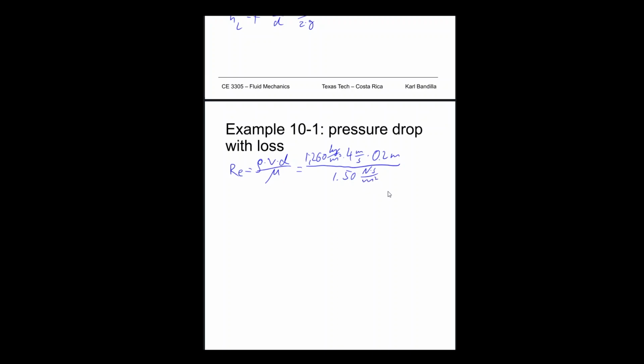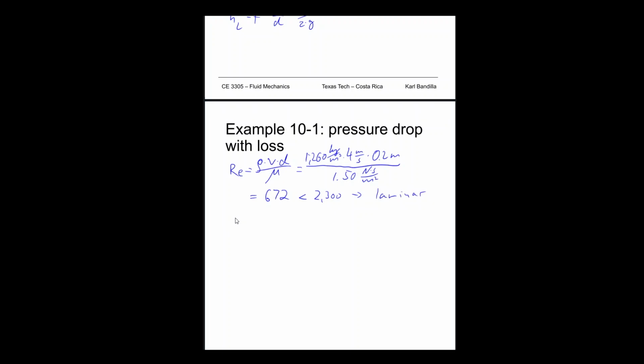Right, so this is a liquid that's already quite viscous, 1,000 times more viscous than water. If we plug those numbers in, we get a Reynolds number of 672. Now the critical value in a pipe is 2,300, so it is laminar, which makes it easy.